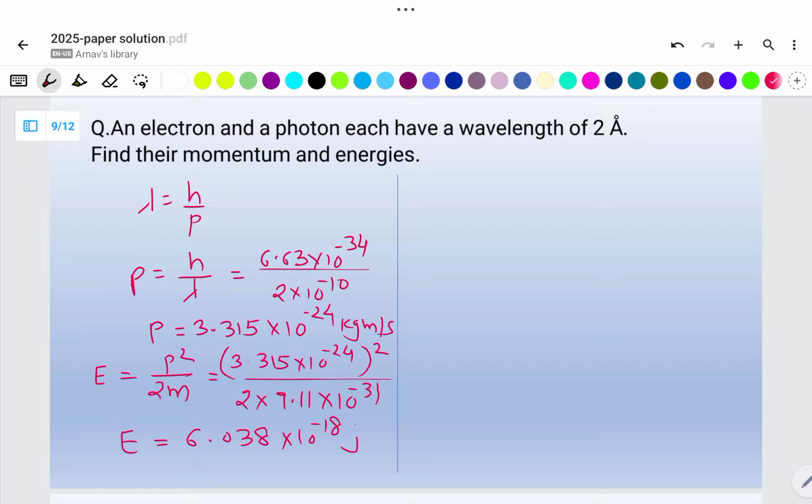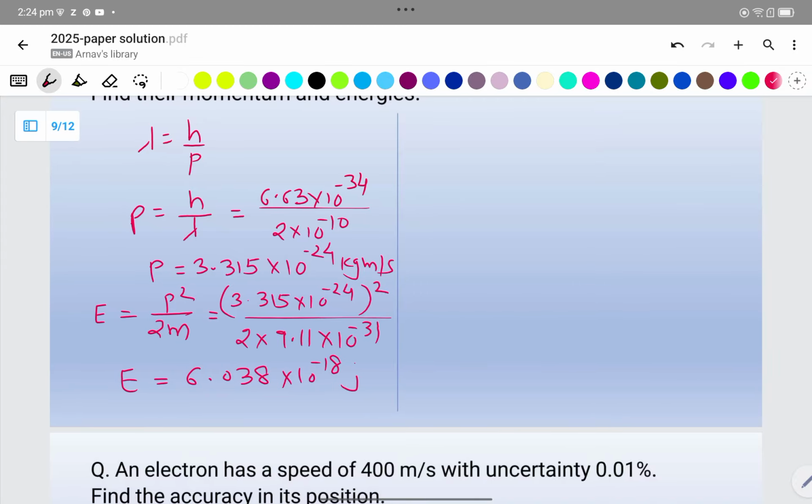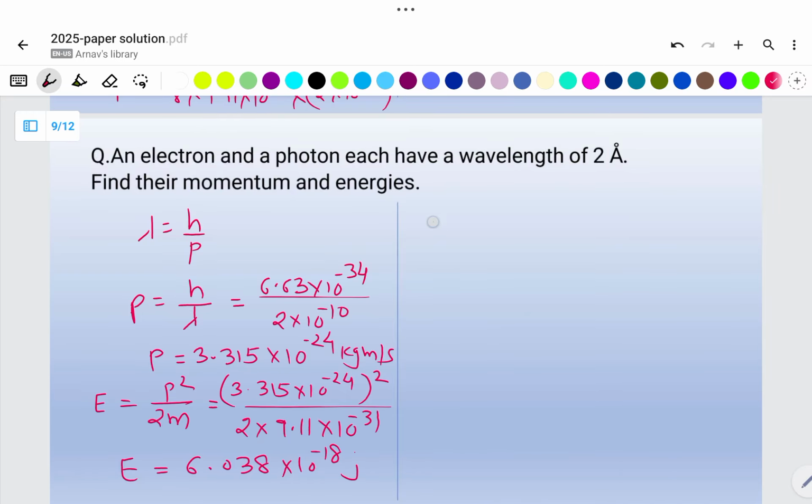Let's try to find out for photon. So for photon, again we write the same formula. Wavelength of photon is h upon p. Since the wavelength is same, we need to find the momentum.